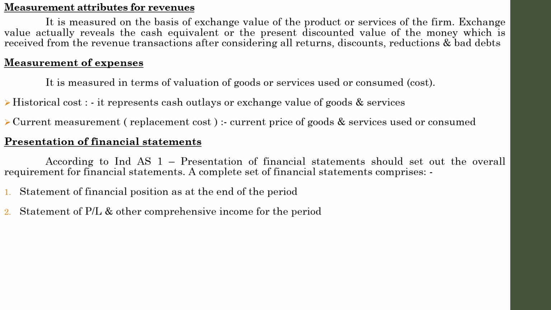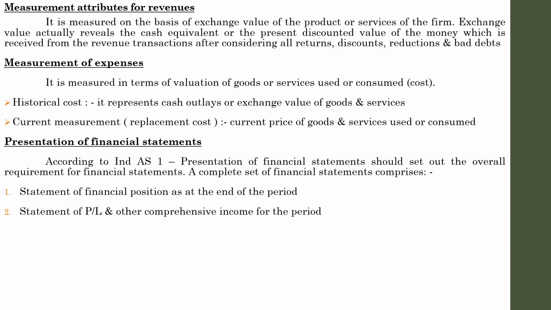Statement of profit and loss and other comprehensive income for the period. Other comprehensive income is those income and expenses that are not recognized in the profit and loss in accordance with IFRS standards. Indian Accounting Standards, otherwise known as IND AS, specify to prepare a statement of profit and loss and other comprehensive income for the period.